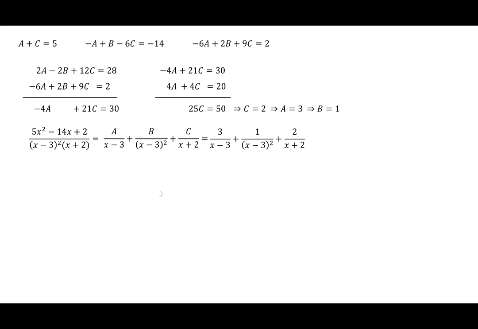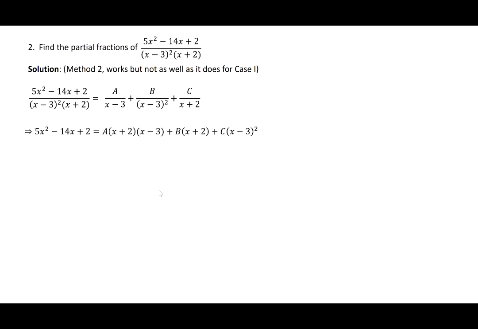Okay, now let's go to method 2. Method 2 works, but not as well as it does for case 1. What was method 2? Be clever and plug some numbers for x, it said. Right? Cool. Can you think of some number for x that you can plug in which will make your life simple?